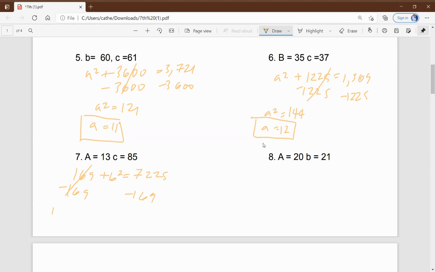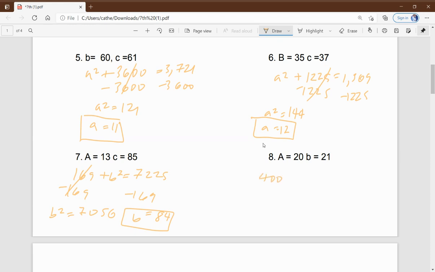It's very repetitive. 7,225 minus 169 you would get 7,056. So if you square root that, you will get 84. So b equals 84.